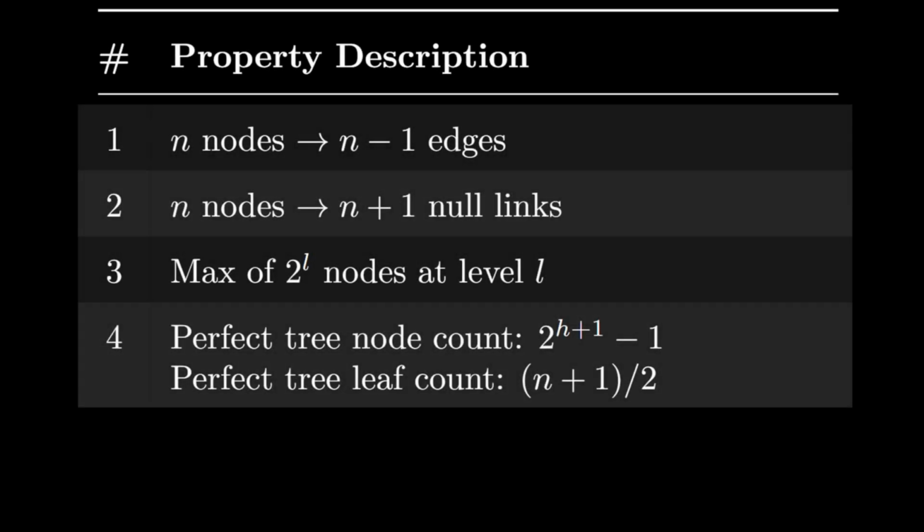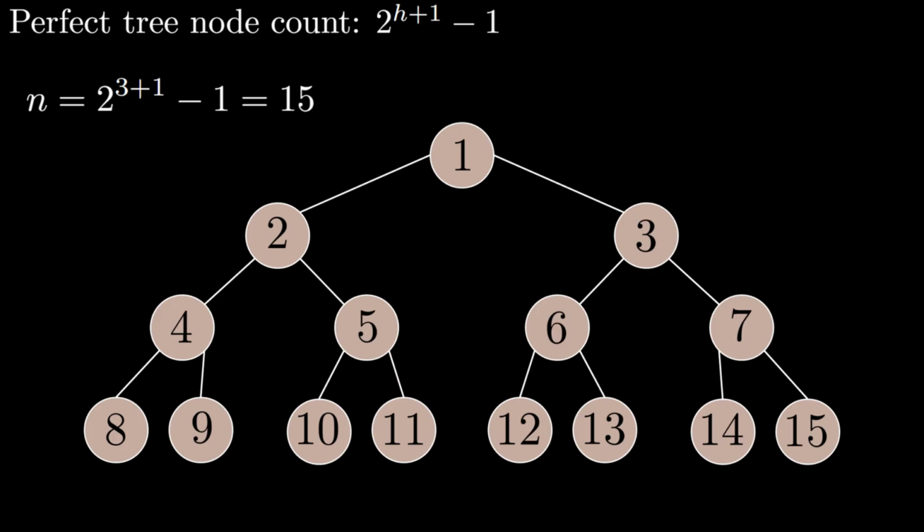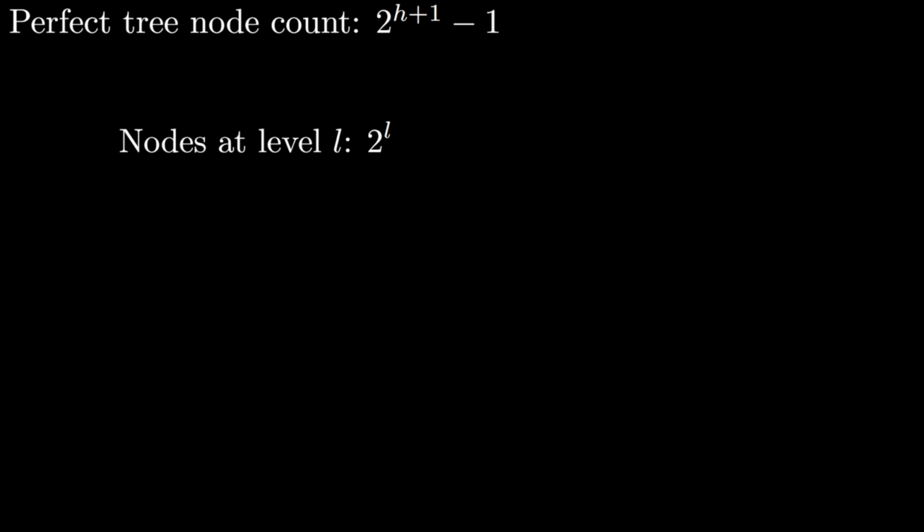The number of nodes in a perfect binary tree is 1 less than 2 to the power of h plus 1, and the number of leaves is (n+1)/2. For example, we have seen that a perfect tree of height 3 has 15 nodes. To see how the equation works, recall that each level of a perfect tree will have 2 to the power of L nodes.